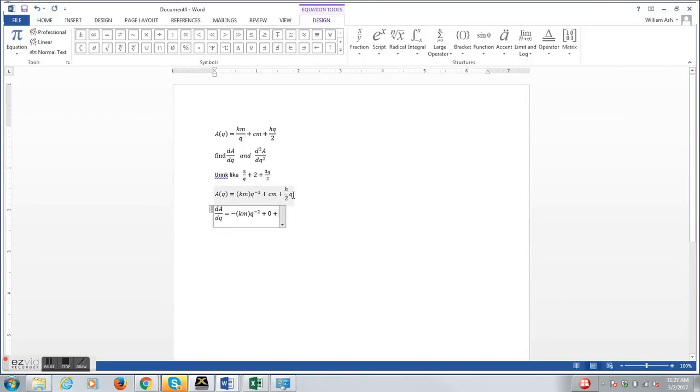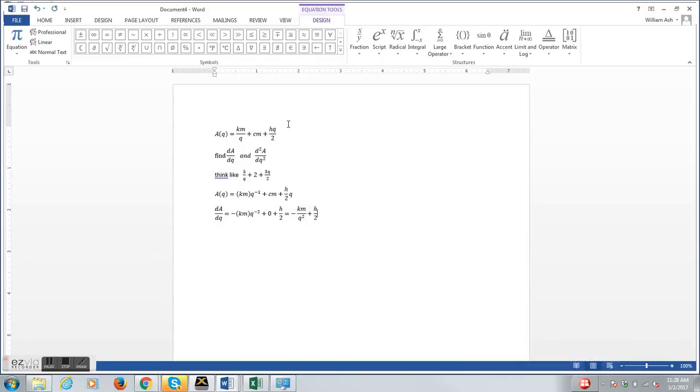If it was 3x, the derivative would be 3, right? So it's just h over 2. Then I'm just going to rewrite that as negative km divided by q squared plus h over 2. And I'm done.